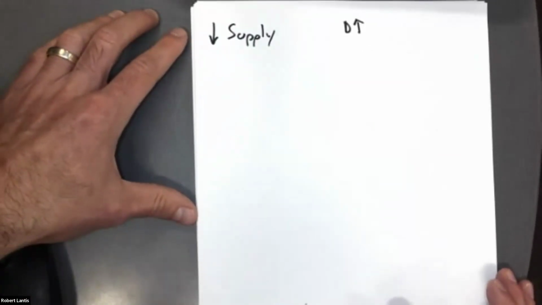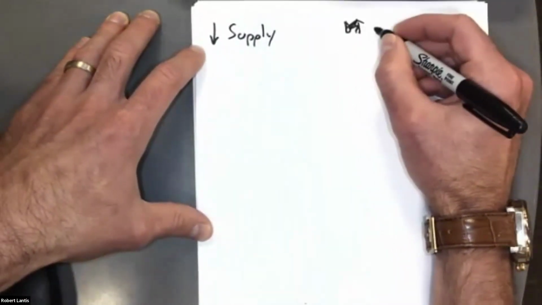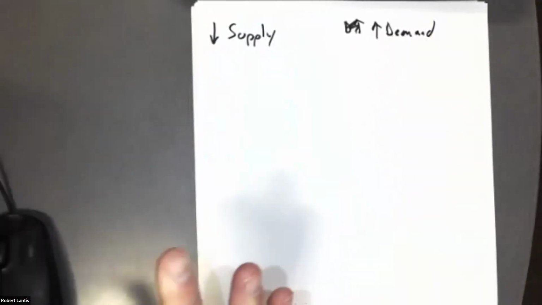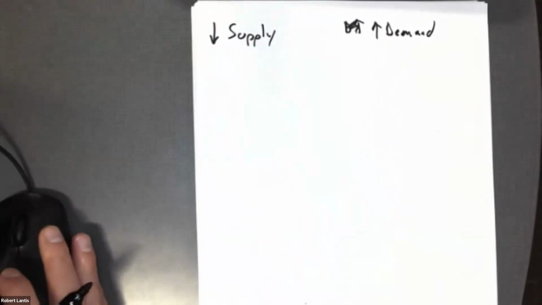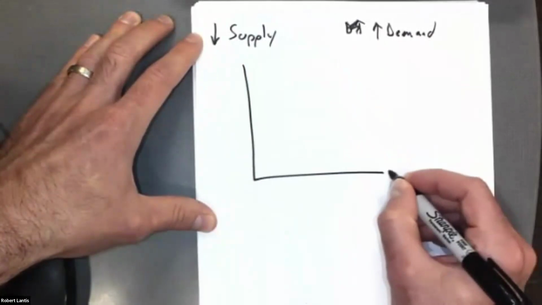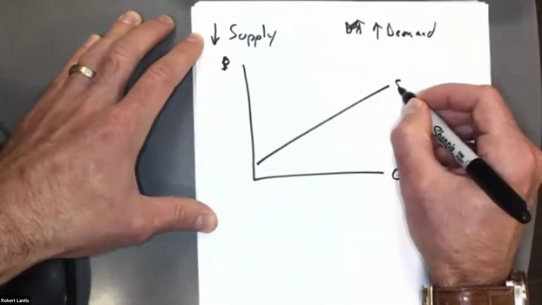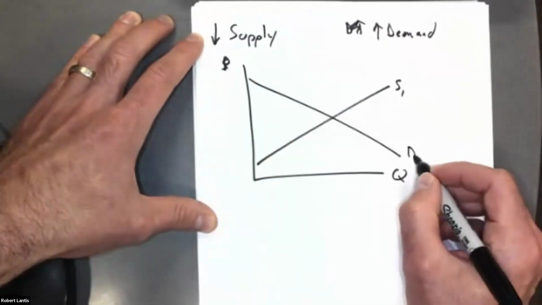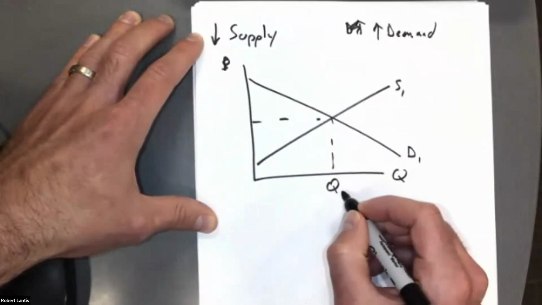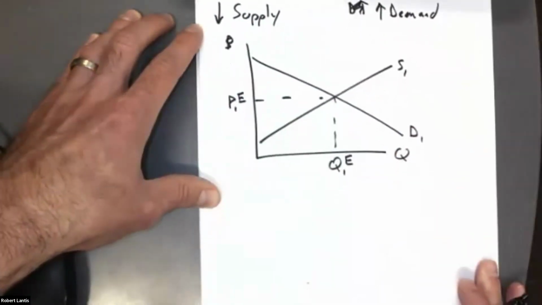Okay. So I've got some stuff in the slides, but I'll show you how I would work it out by hand here. Whenever you have simultaneous changes, you don't want to draw them on the graph at the same time. You want to do each one individually. So I'm going to start out and say, okay, I've got my market for asphalt. Here's my supply curve, here's my demand curve, and here's my initial equilibrium quantity and equilibrium price where supply is equal to demand.